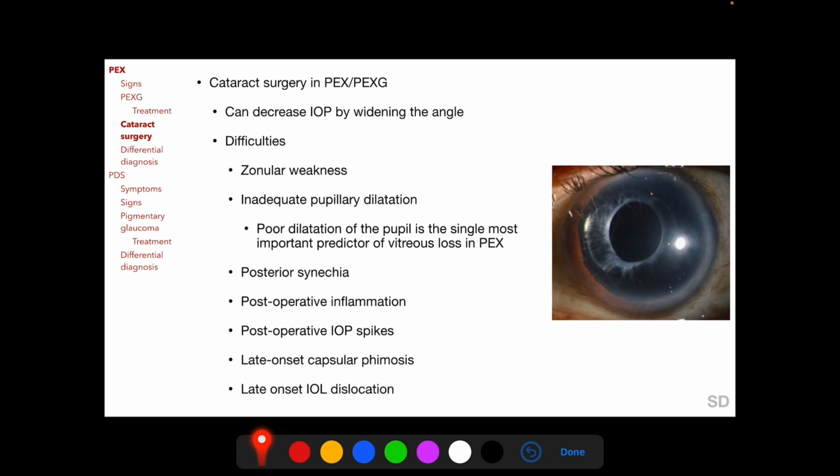Following surgery, there can be severe post-operative inflammation along with posterior synechia formation, and post-operative intraocular pressure spikes are known to occur. Late onset capsular phimosis, as shown here in this photograph, and late onset IOL dislocations are well known following cataract surgery in pseudoexfoliation patients.